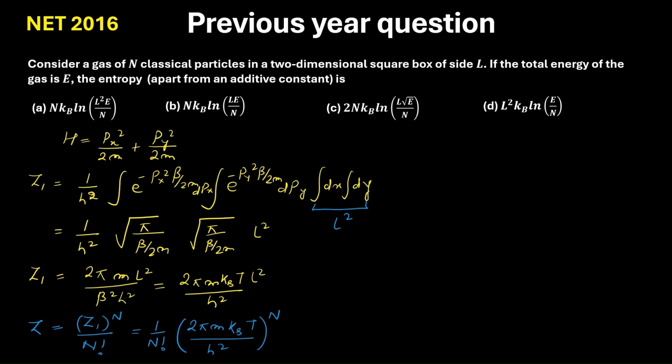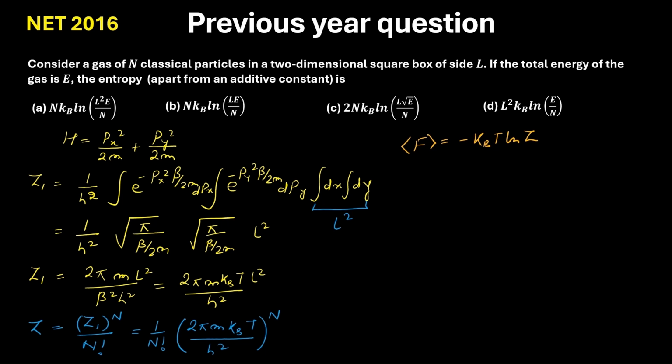So this is the partition function. Now once we get the partition function, we can find the free energy. So free energy will be given by minus kBT log of Z.